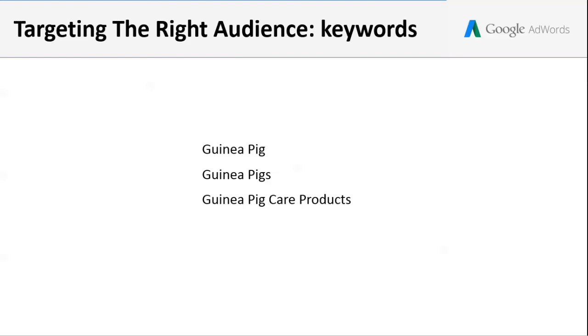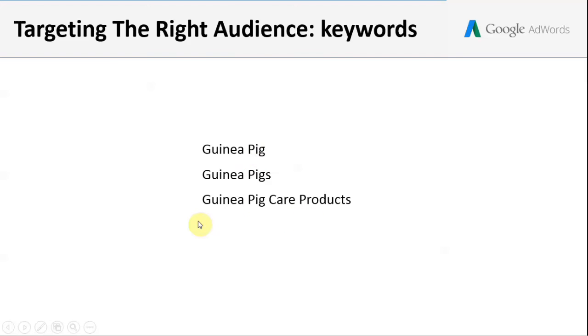Now, if you owned a shop that sold animal care products, and specifically for guinea pigs, and someone typed in guinea pig care products, that is a potential customer. That is someone that you want clicking on your site.